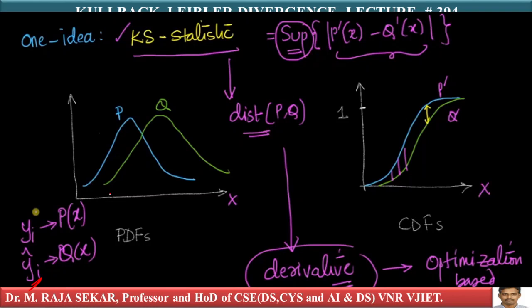KL divergence has its origin in information theory and physics. The whole concept of entropy itself was designed by physicists in the first place when they studied thermodynamics. The same concept has been borrowed by information theorists like Shannon, a phenomenal mathematician, computer scientist, the godfather of information theory.